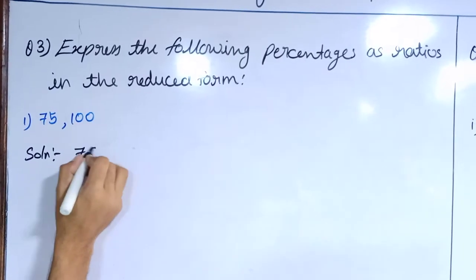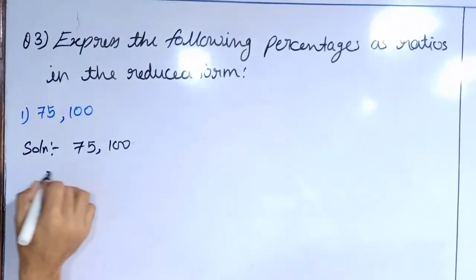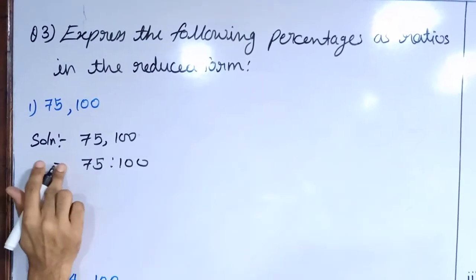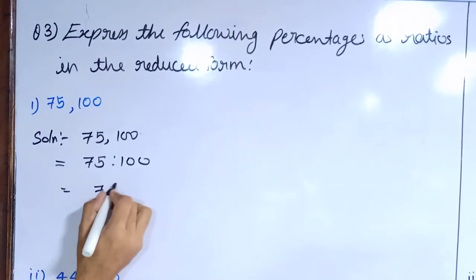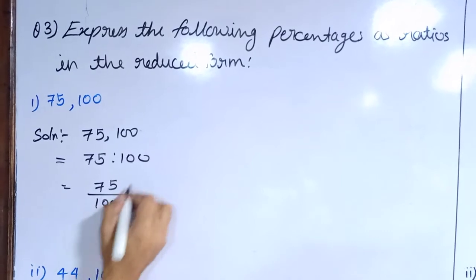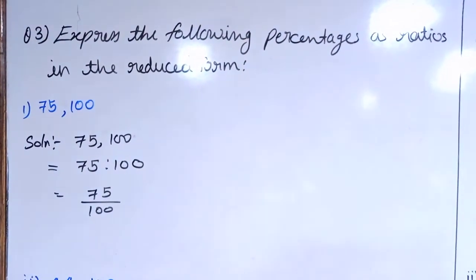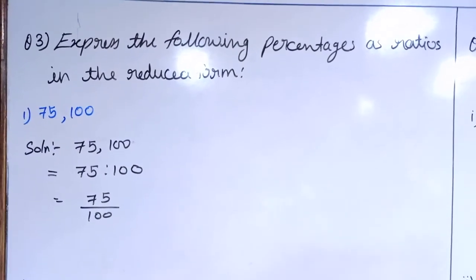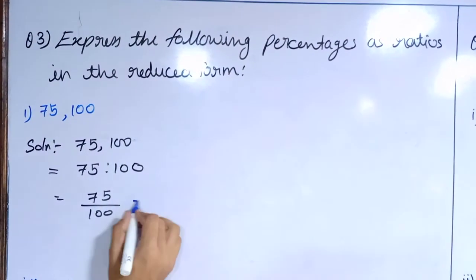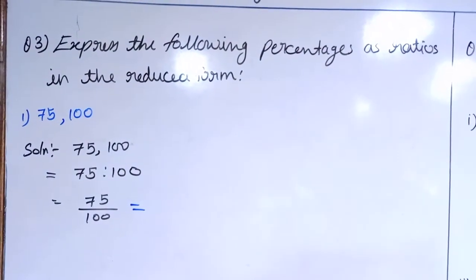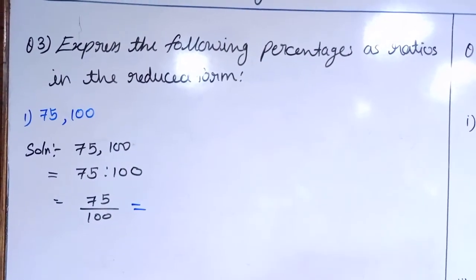Solution: 75 and 100 we have. We can write 75 is to 100. The same number we can write as 75 upon 100. So now we are going to do the factorization. Whenever we have the denominator 100, it is divisible by 4 and 25.